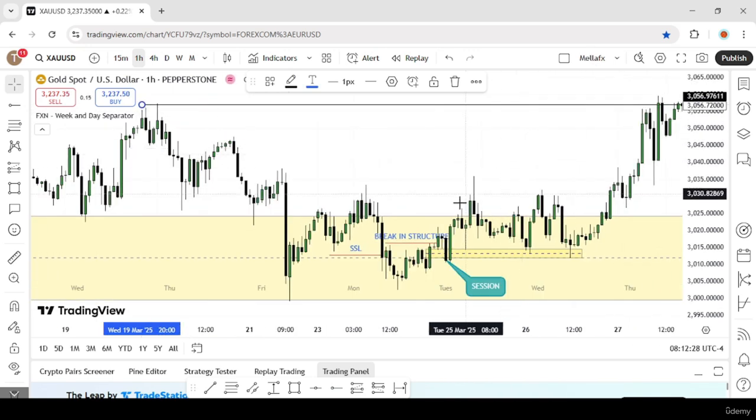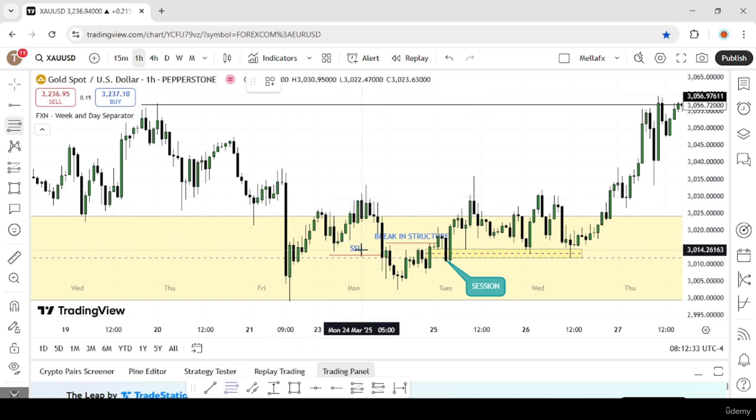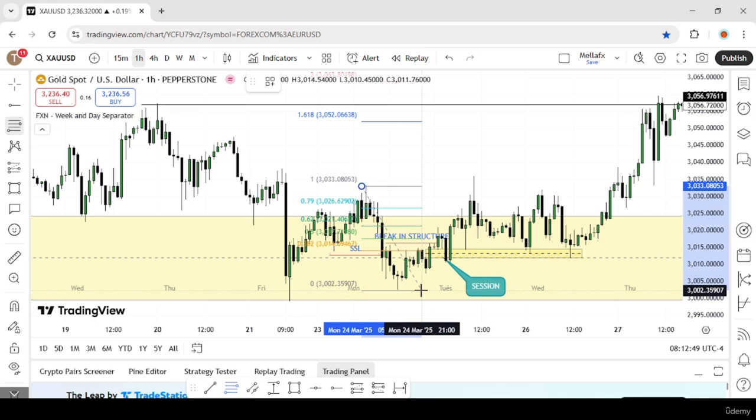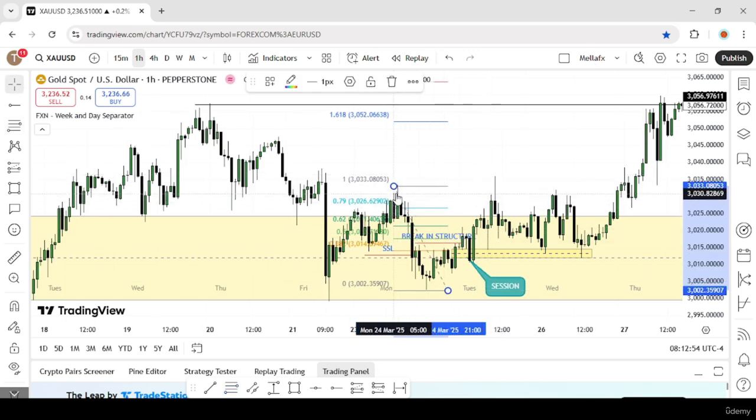But another thing we can do is we can use the fib tool to target. So we anchor on the breaker. So I can see this higher, this one is another breaker here. So we can use from the swing high to the swing low, we just anchor the fib, and then the movement made from this point 1 to point 0 is what we want to multiply.